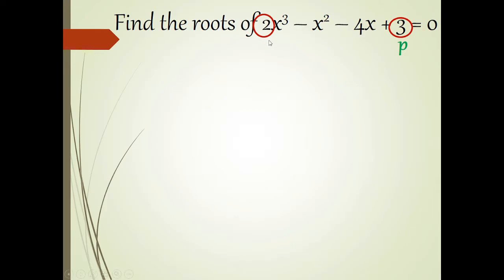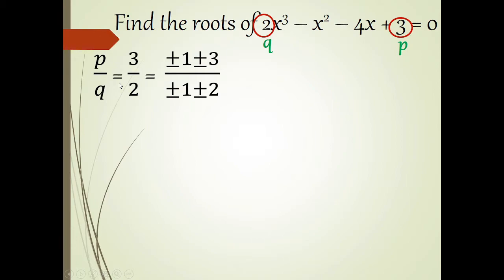So that will be our q. In short, we have p over q is equal to 3 over 2, which is equal to all the possible factors of 3: positive, negative 1, positive, negative 3. For 2, all possible factors are positive, negative 1, positive, negative 2.